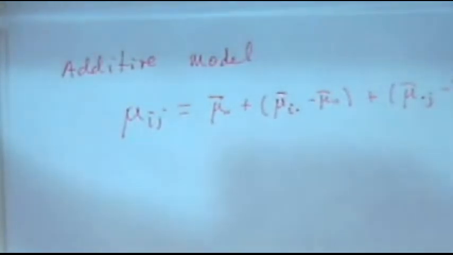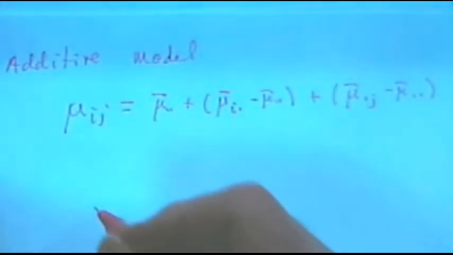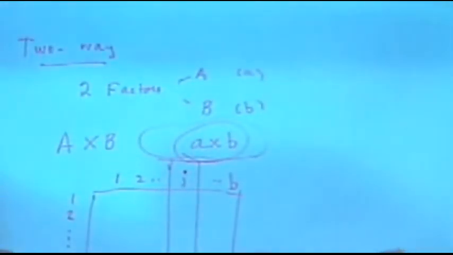So level i is in, but it's the difference between that and the overall mean, okay? So in that first parentheses, there's no j's. Right? And in the second parentheses, there's no i's. So you're just looking at the difference in the ith level, the mean in the ith level of the overall. And then back to this, this would be u bar i.